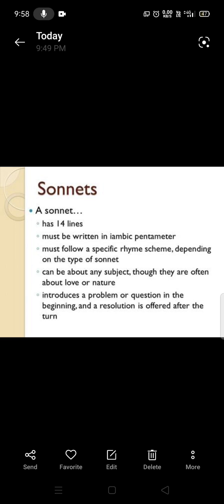In the beginning, what was the prominent theme or subject of the sonnet? It was love. Sonnets were basically love poems, but later the theme developed. Various writers took this form of poetry to express other themes also. In the Shakespearean sonnets, we have varieties of themes like art, beauty, death, life, and love also.